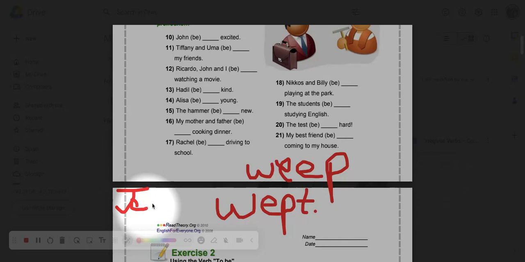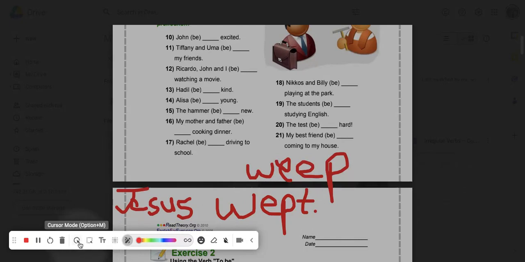I just have been able to remember this verse because it's short, and because it is a sentence. Jesus is the subject. Wept is the verb. Two words, one sentence.